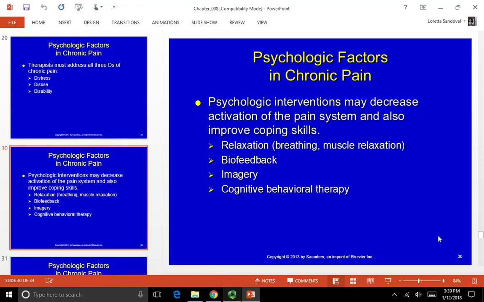So psychological interventions may also decrease activation of the pain system and improve coping skills. So relaxation, biofeedback, imagery, and cognitive behavioral therapy. As part of our chronic pain program at my clinic, we do relaxation and biofeedback and imagery, as well as addressing other psychological factors.